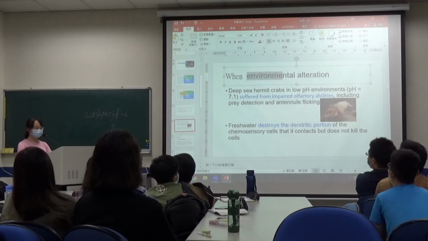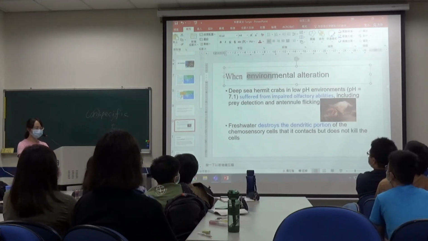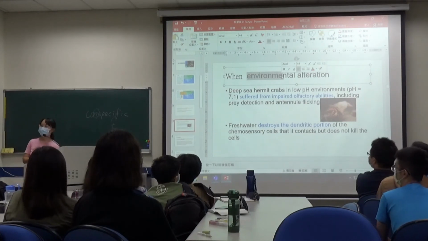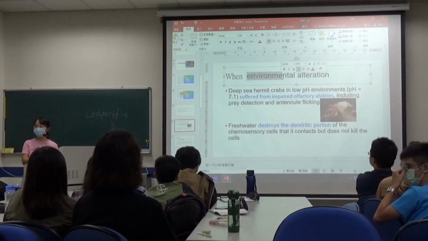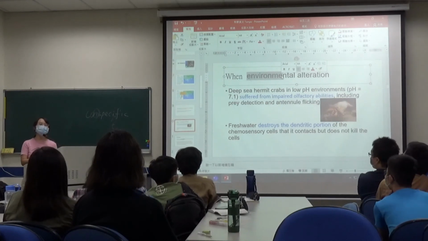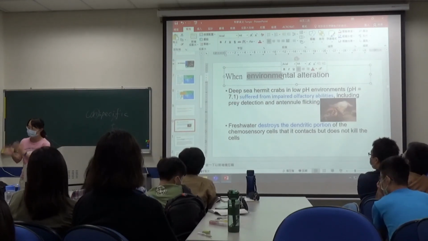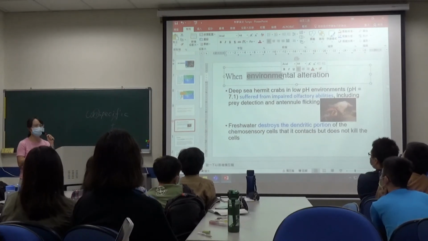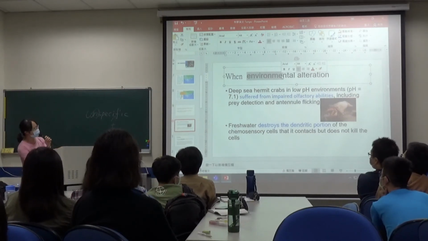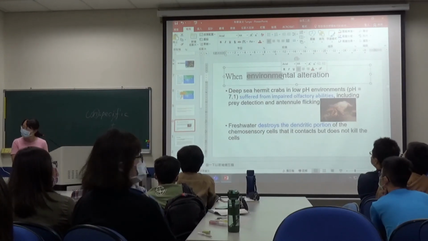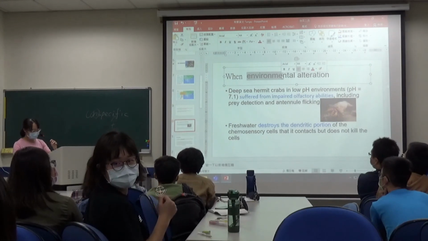This is one font and this is Arial, so I don't understand. It's really weird when you see so many different fonts on the same slide. It will distract people's attention. We want to focus on your talk, but you show us different fonts, so we cannot help noticing. So try not to give us this kind of distraction.